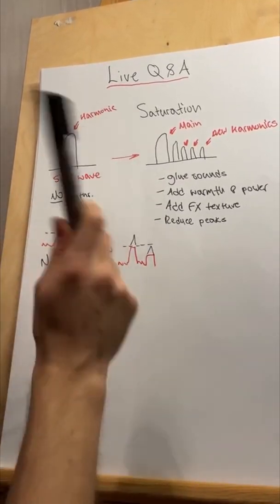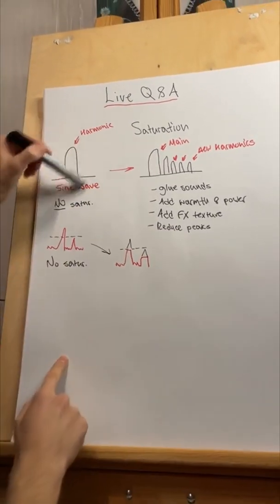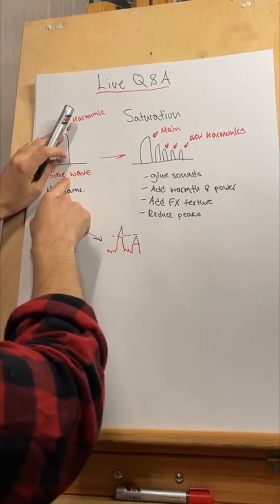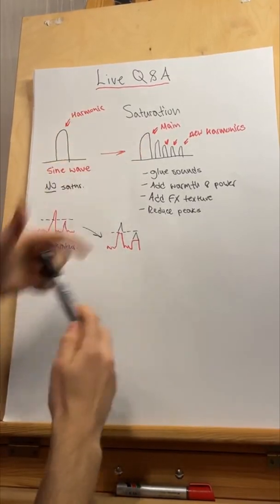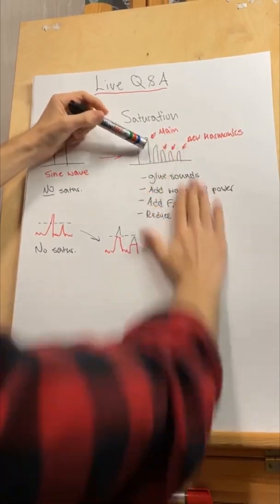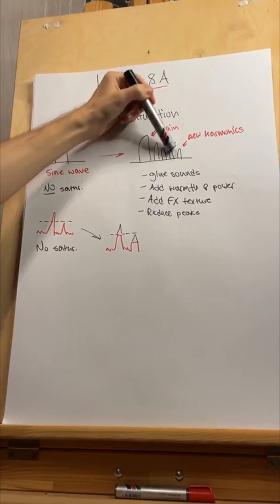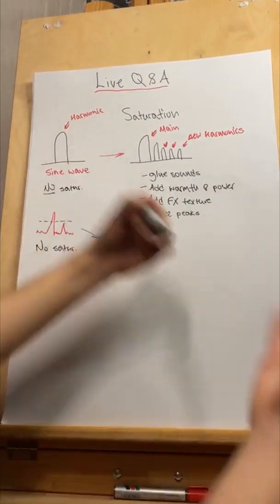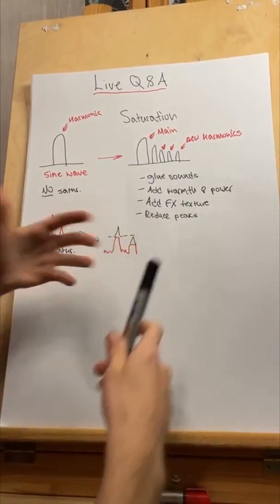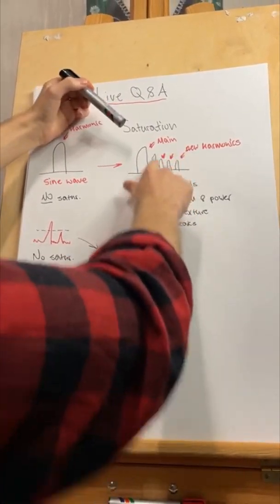So let's do a quick recap now, guys. If you imagine that this is your sine wave, and this is now saturation, when we apply saturation, that's going to be the main harmonic. This one is the main one. And when we apply saturation, you add those additional odd or even harmonics, depending on the saturation type. But the main concept is that it adds new harmonics.